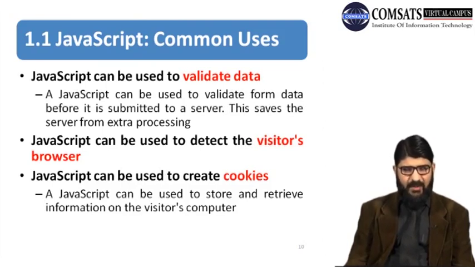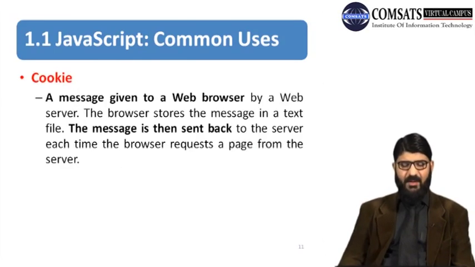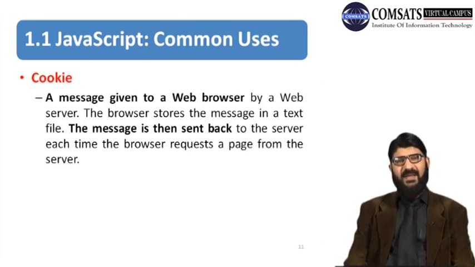What does a cookie mean? Let's see first what a cookie is, and by understanding the cookie we will come to know the concept of storing and retrieving information from the visitor's computer. A cookie is basically a message that is given to a web browser by its web server.